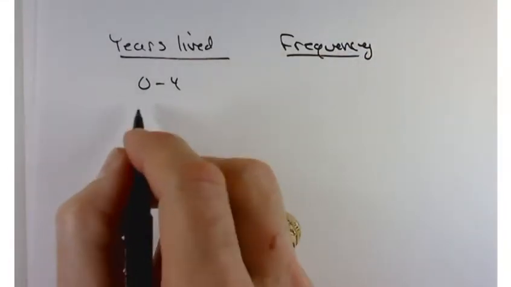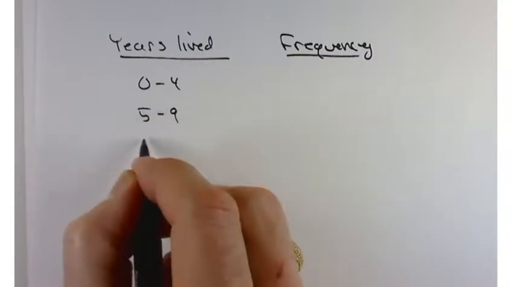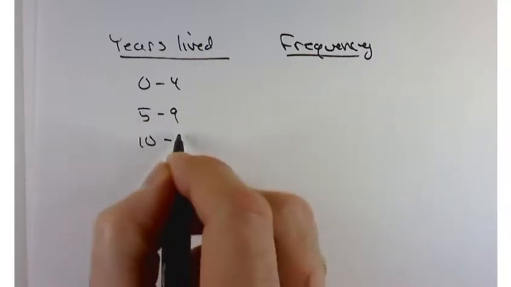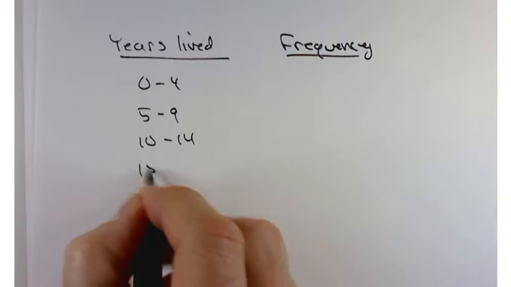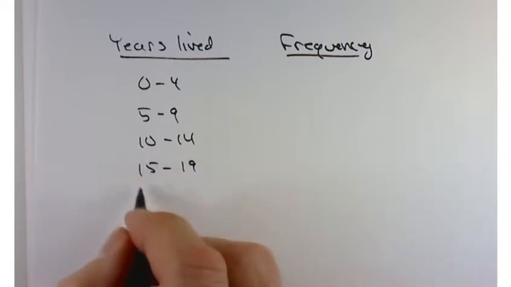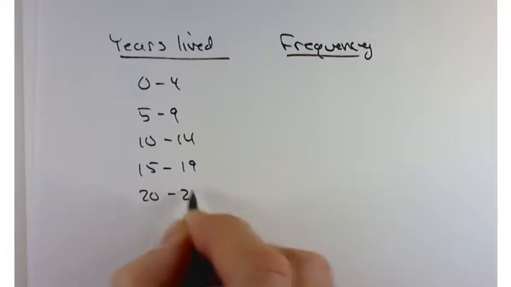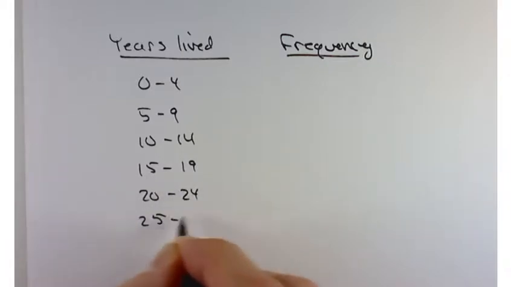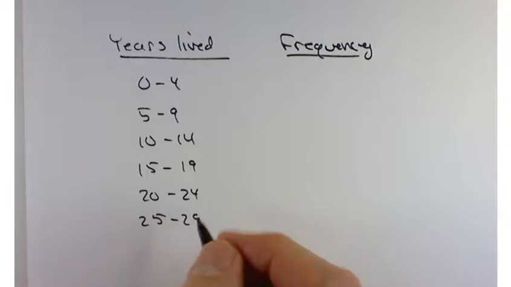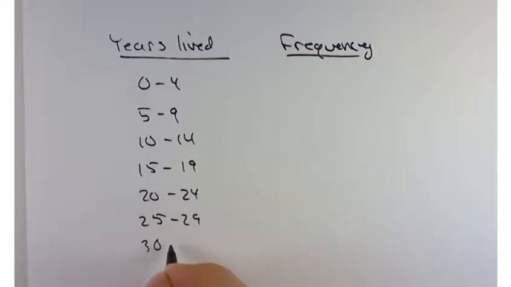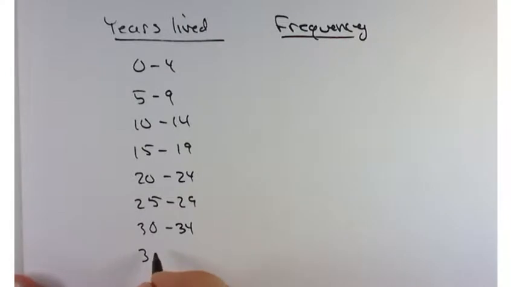And then 5 to 9, 10 to 14, 15 to 19, 20 to 24, 25 to 29, and I think this last one has to be Jimmy Carter. We've got to go all the way down to 35 to 39.